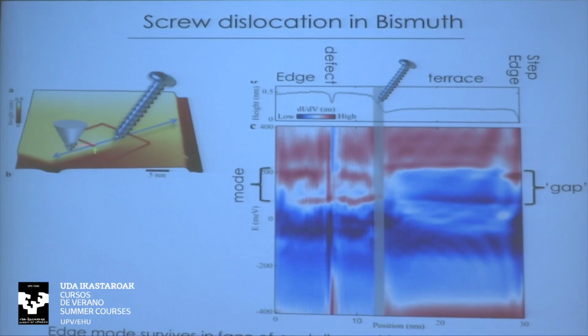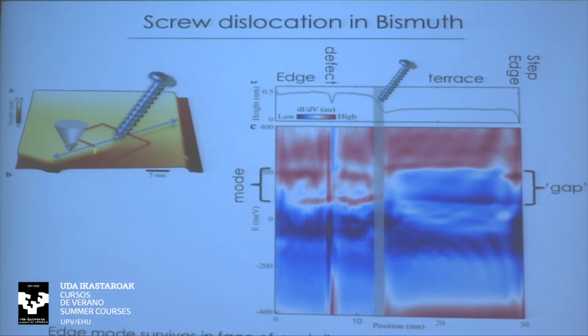This is the same mode that we've seen before, the one that sticks to the step edge. This is how it sticks to the step edge along this step. So this is this guy here. On the other side, on the open terrace, we see this region of decreased density of states, which looks like a gap.